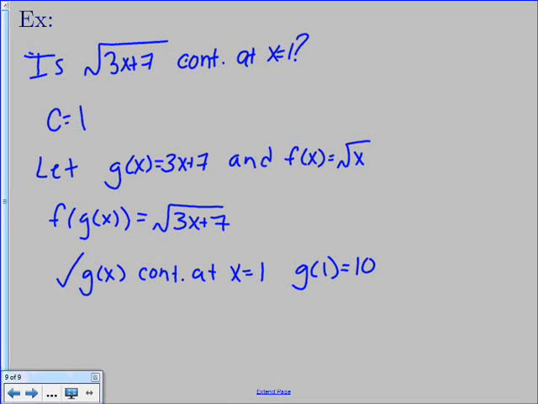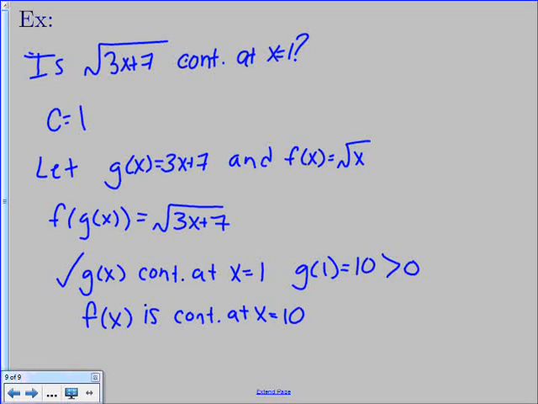So f of x is continuous at g of c, or g of 1, or 10. And I can tell you that because that's bigger than 0. We have the square root function, so our n there is even, 10 is positive, so we can plug in.